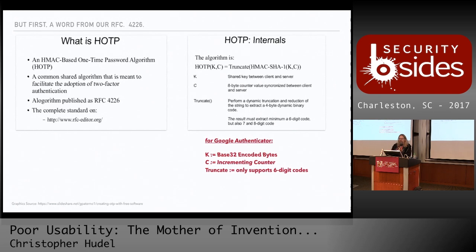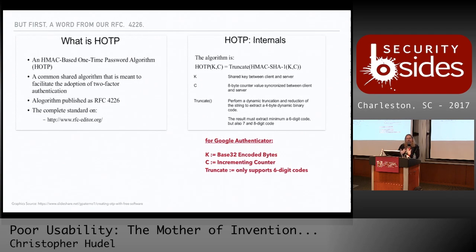The other common one-time password compliance system is TOTP, time-based. Time-based is technically the same as HOTP, except the counter, instead of being 1, then 2, then 3, is the number of seconds since the epoch, divided by 30 or 60. So it's still the same function, it's just how they calculate the counter.